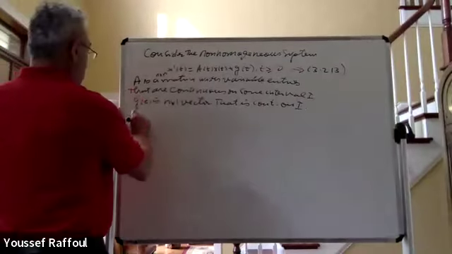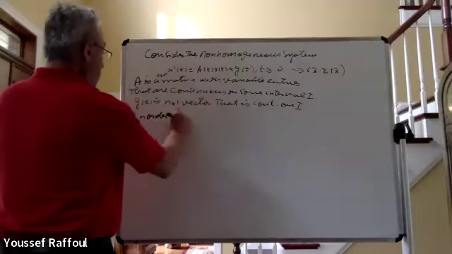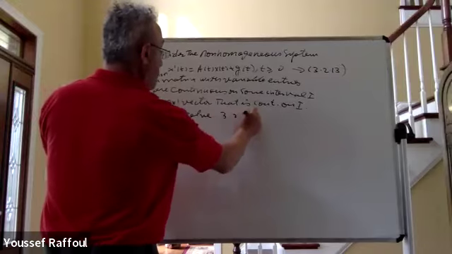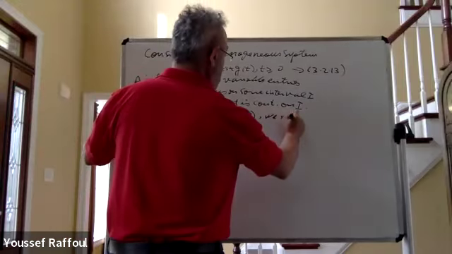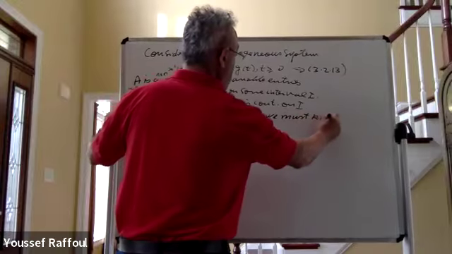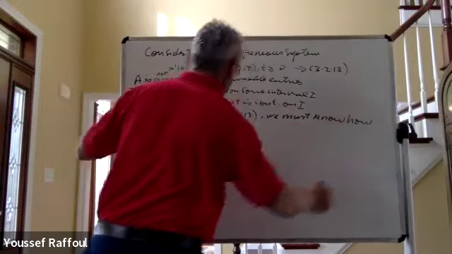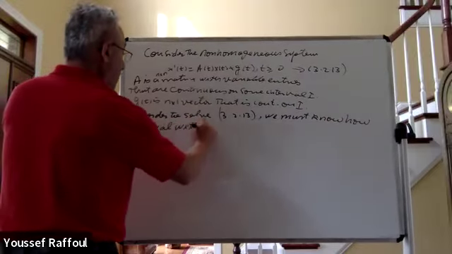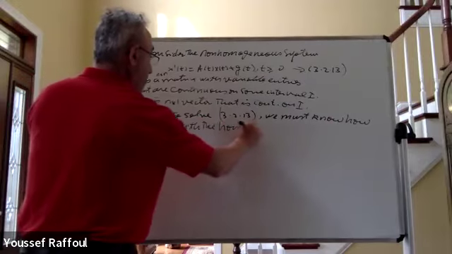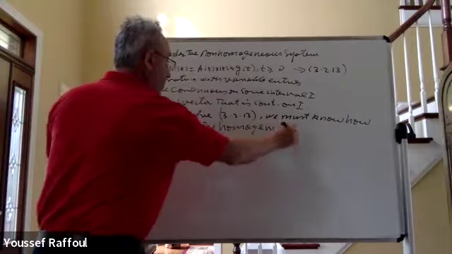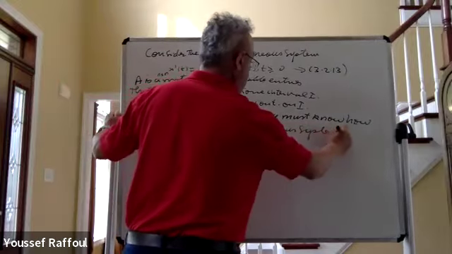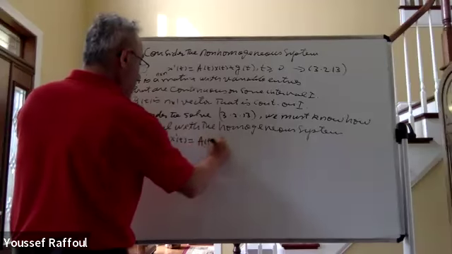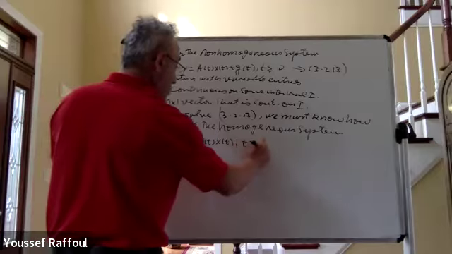So in order to solve 3.2.13, we must know how to deal with the homogeneous system x prime of t equal to A(t) x of t, t bigger or equal to 0.